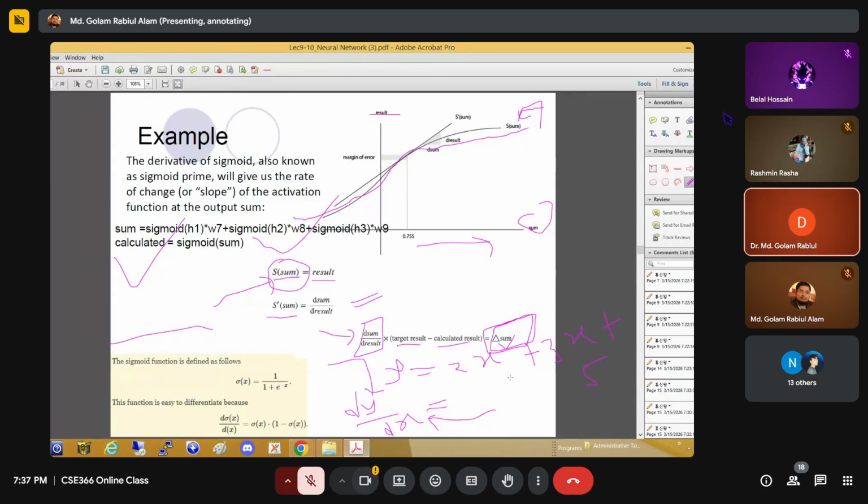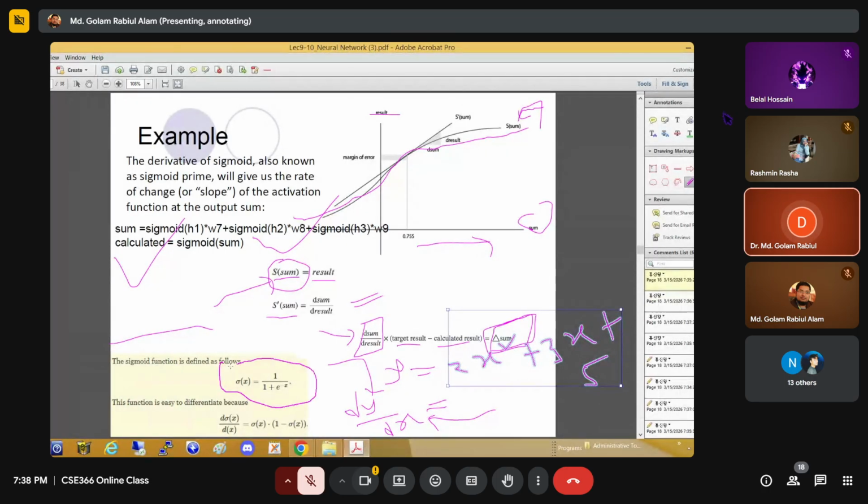Now the derivative of the sigmoid, how can we compute that? The derivative of the sigmoid is easy to compute. We know that the sigmoid function is 1 by 1 plus e to the power minus x.